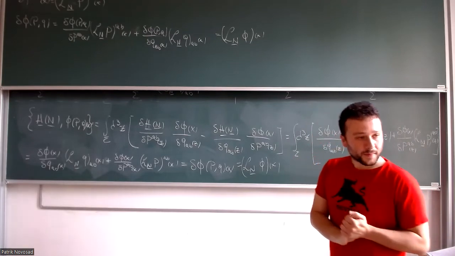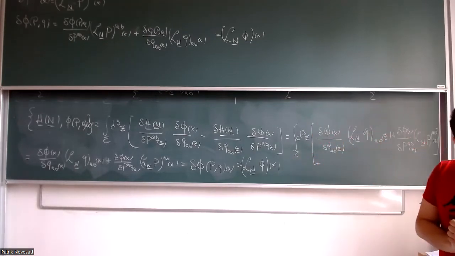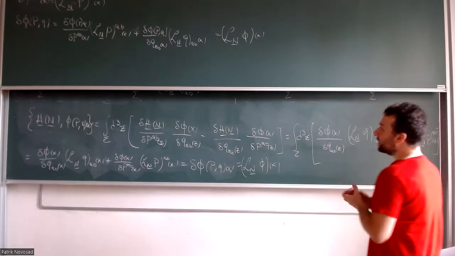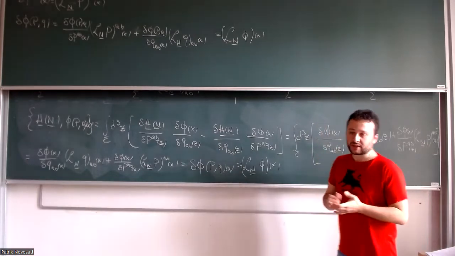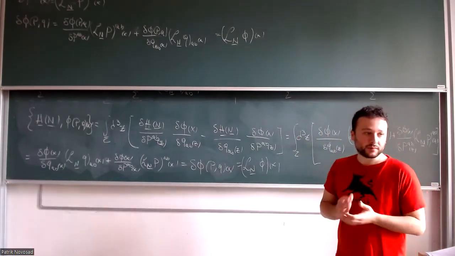Okay, this is just a discussion to show that when you change coordinates, tensors transform with the Lie derivative. Yes, that's what you showed. And that's connected to the diffeomorphism constraint.